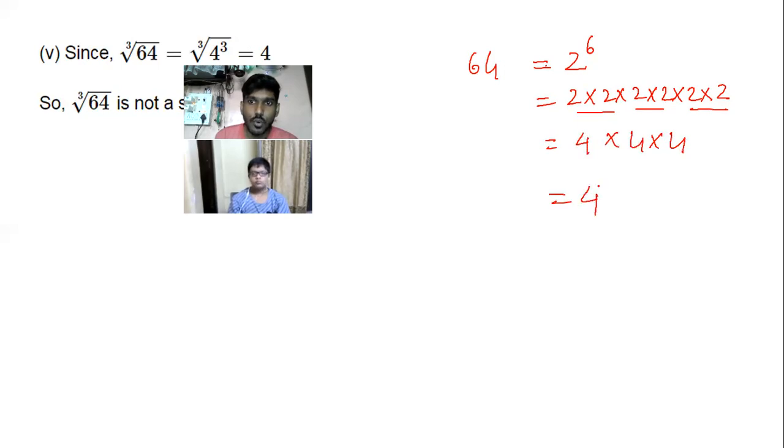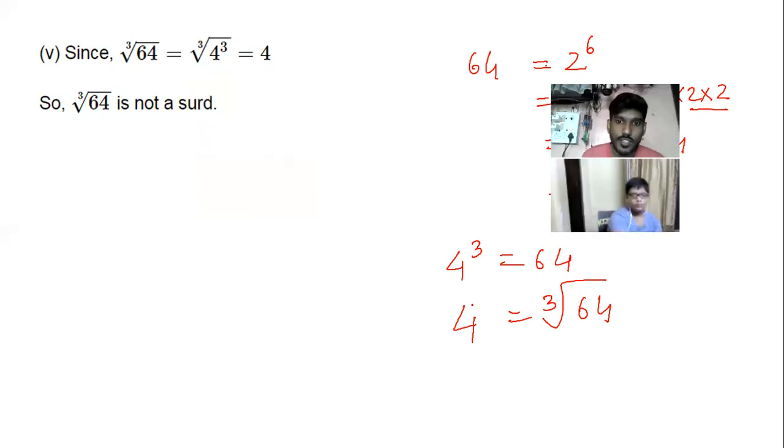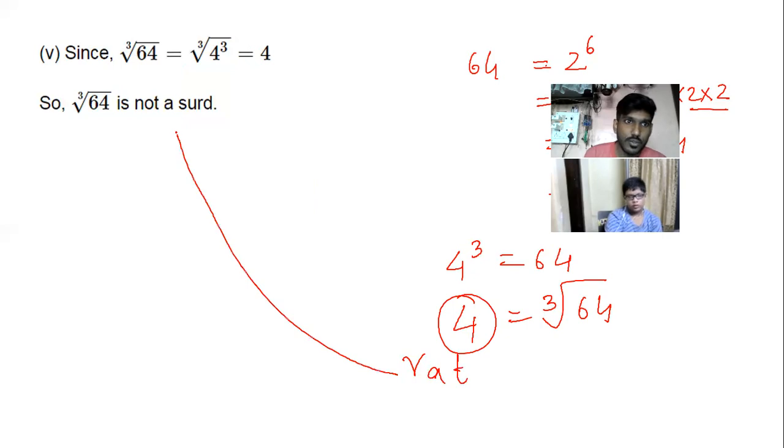That means 4 cubed. So 4 cubed is 64, and you can say that the cube root of 64 is 4. Correct? And 4 is a rational number. That is why the cube root of 64 is not a surd. Is this clear? Yes, sir.